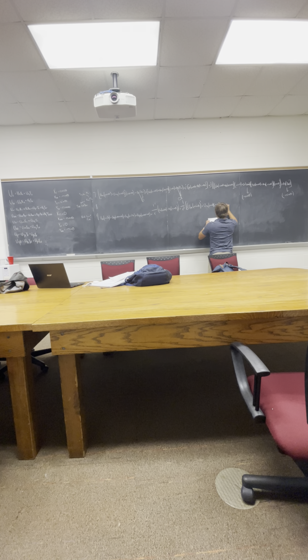plus u of x times negative r cosine theta plus u of y times r cosine theta squared. Again, we're going to keep the exponent outside.